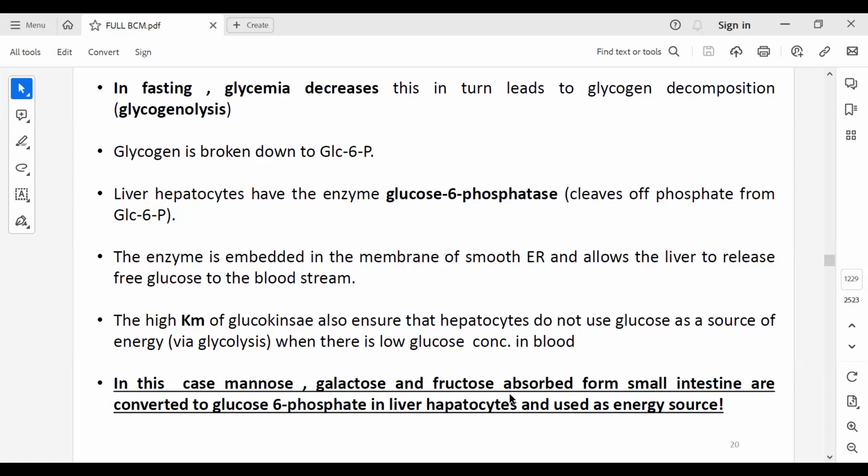So liver hepatocytes have the enzyme glucose 6-phosphatase, which will cleave off that phosphate so that glucose can go back into the blood. The liver is one of the organs with this phosphatase. And this is necessary because brain is one organ which will only survive on glucose, and of course ketone bodies, but glucose is the most preferred.